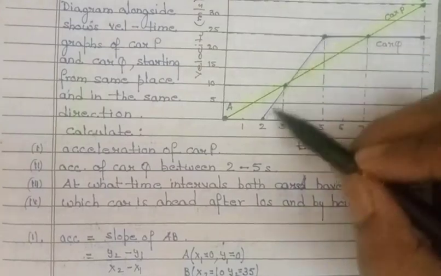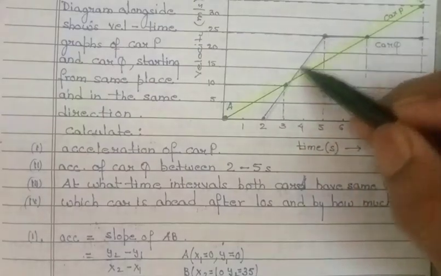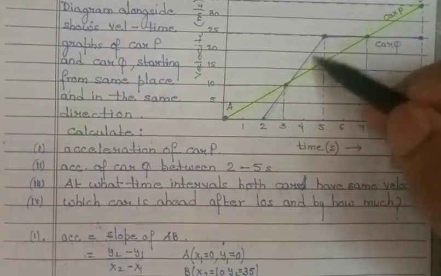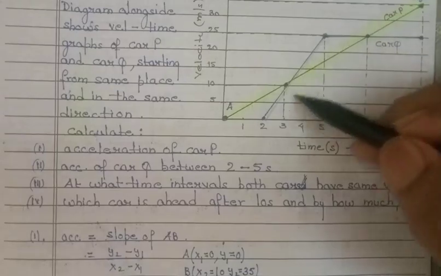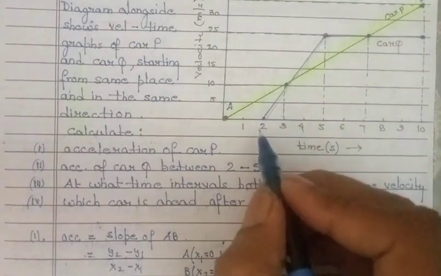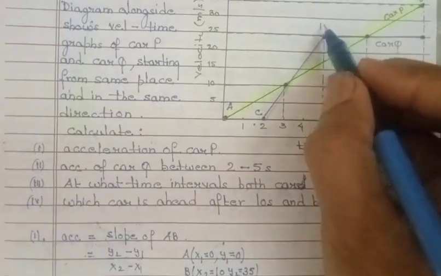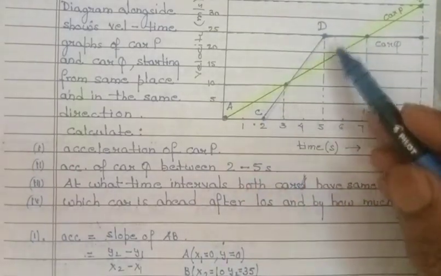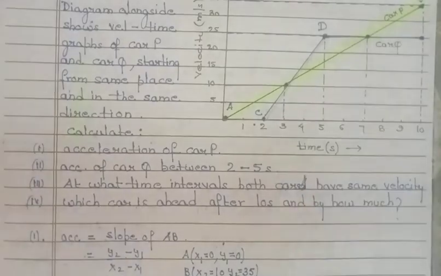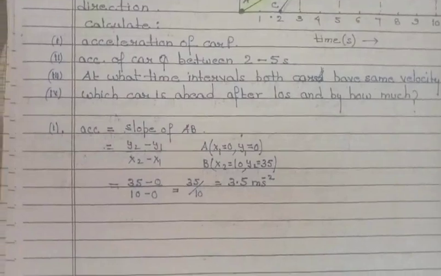So what we need to do, we need to calculate the slope of this portion, right? So let's see how we can calculate. For this, we will consider 2 points, one as C and the other one as D. So we will get the slope of CD, and that slope of CD will give us acceleration of car Q.